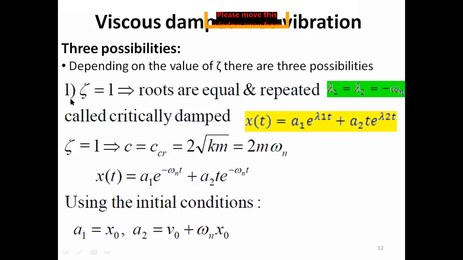The first possibility is when zeta is equal to 1. This would happen in the system when the actual damping in the system is equal to the critical damping. As we discussed, the damping ratio zeta is C by Cc.